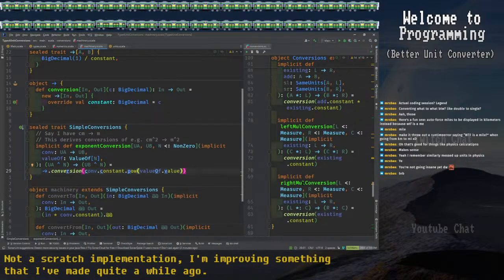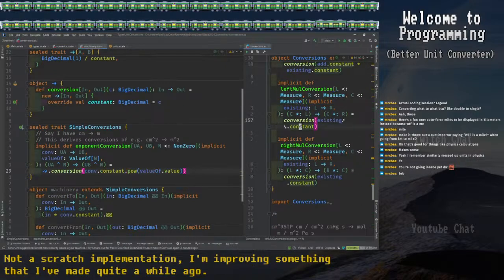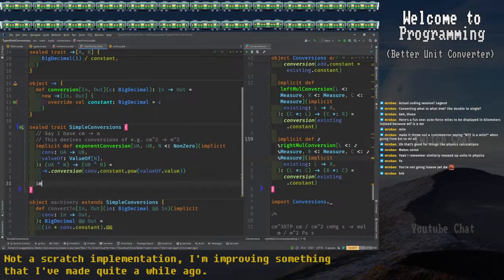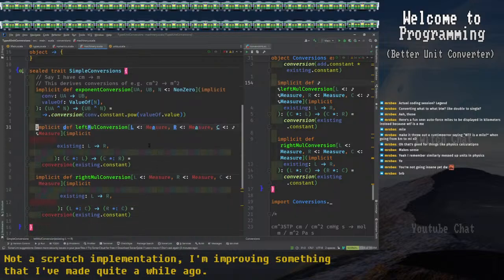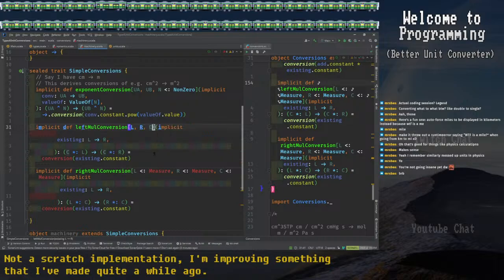Yeah. So now I need to implement these two that I've been looking at here. Where if I have an implicit def, I might actually just be able to copy and paste my old definition and remove some stuff. Yeah, I can just remove these, and same with this one and this one.